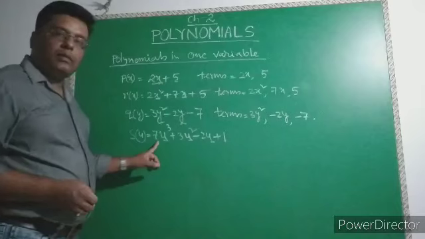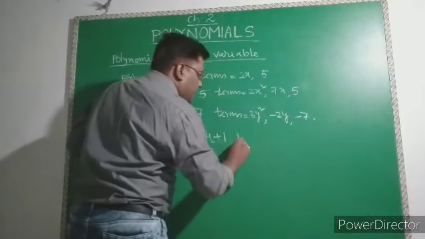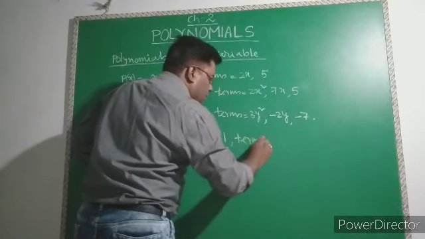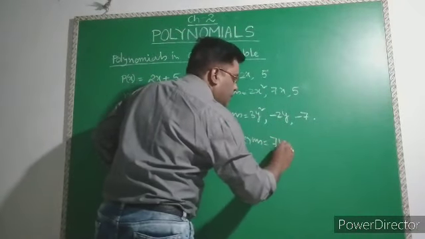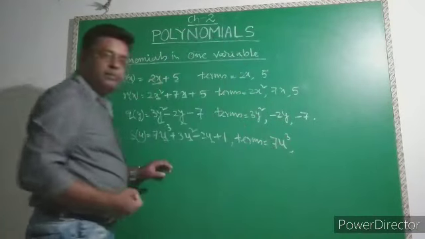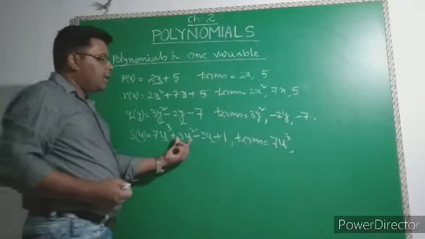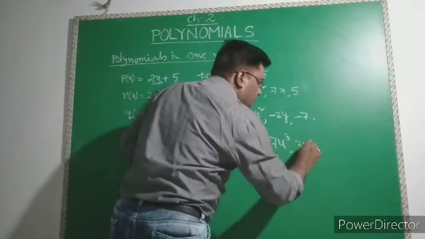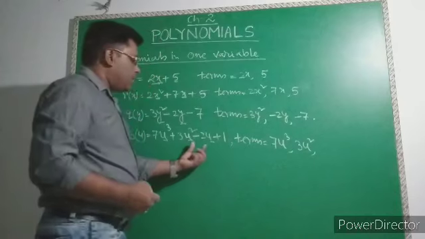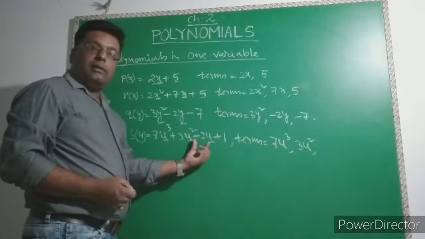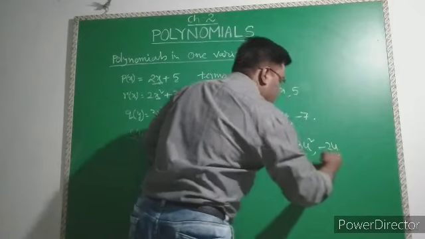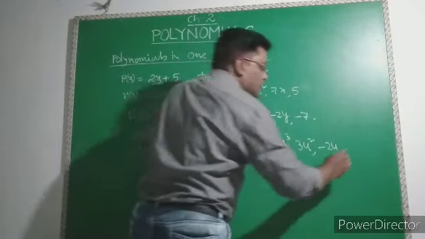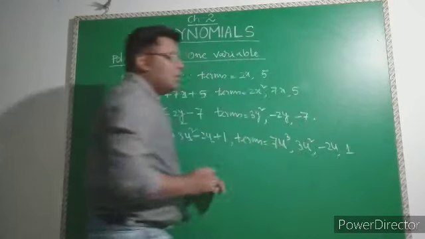So in this polynomial, the terms are: first one is 7u cube, comma, next 3u square, next one is minus twice u, and the last one is 1.